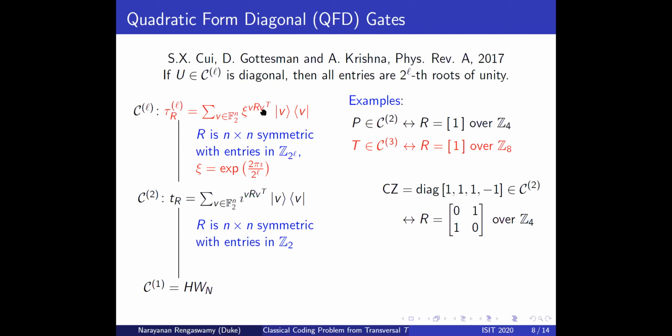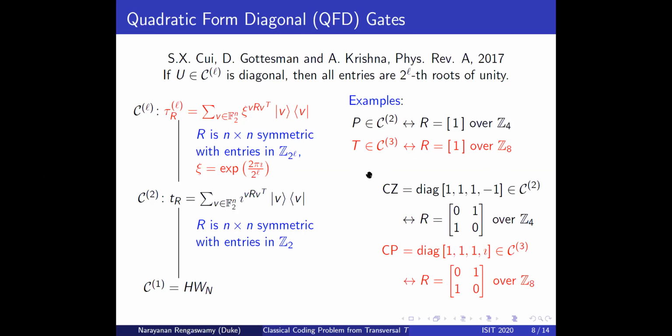And now the exponent has an R, which is not binary symmetric, but integer symmetric, with entries in the ring of integers mod 2 to the L. And this quadratic form is computed over this ring. So that's our generalization. And you can see that T can be represented like this with the same symmetric matrix as P, but it's interpreted over Z8 instead of Z4.